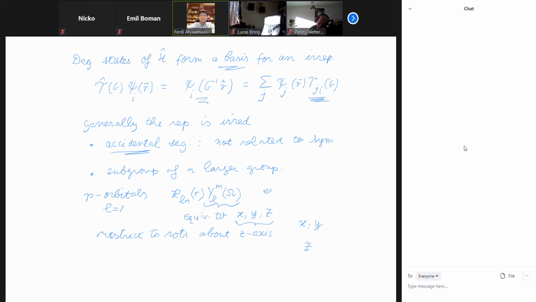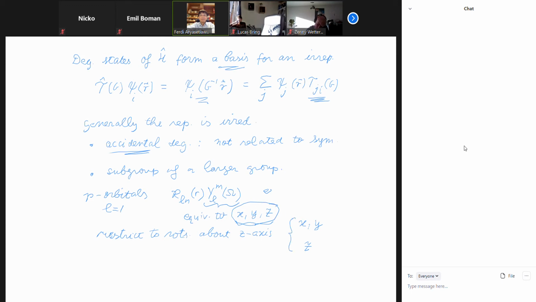So if we only consider rotations about the z-axis, which is a subgroup of the full rotation group, then we see that these basis functions, x, y, z, they split.